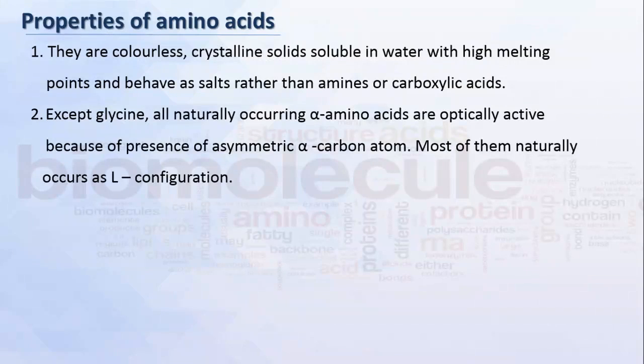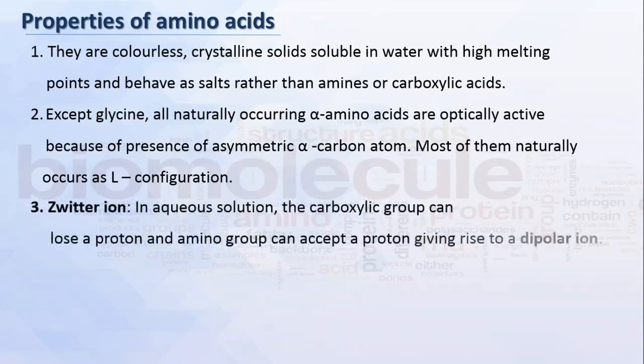Most of them naturally occur in the L configuration. The Zwitter ion formation: in aqueous solutions, the carboxylic group can lose a proton and the amino group can accept a proton, giving rise to a dipolar ion.